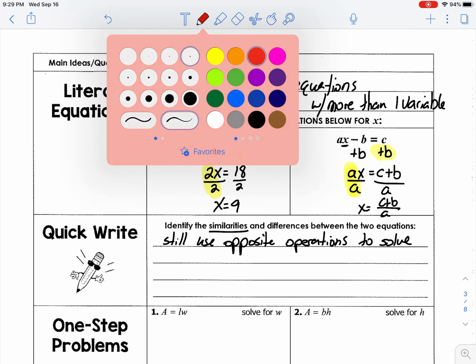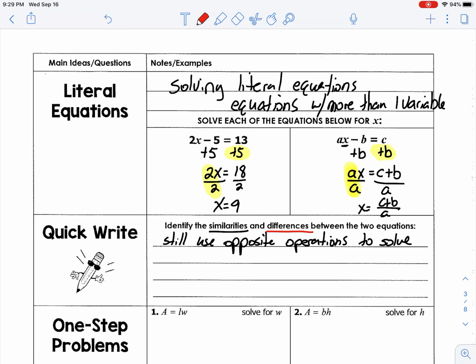Differences. The end result of a literal equation contains more variables. Contains variables versus a singular number.